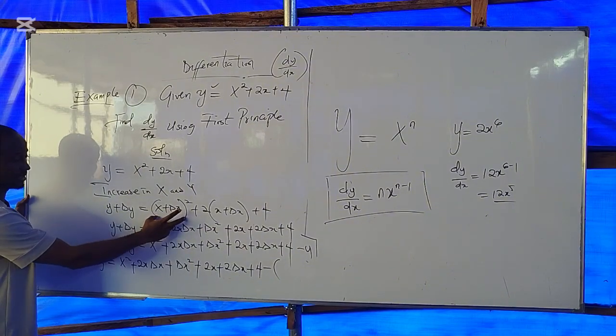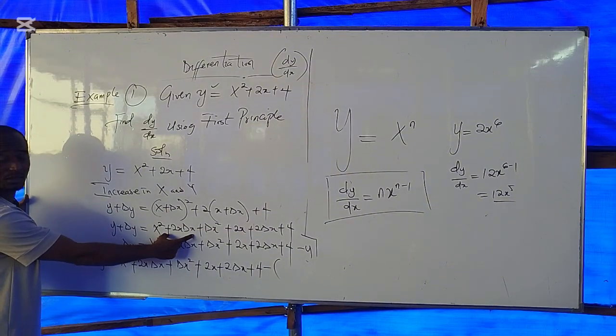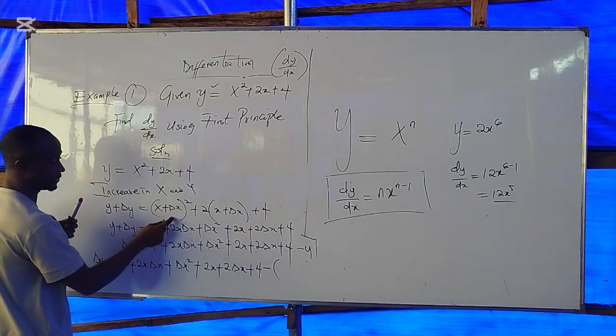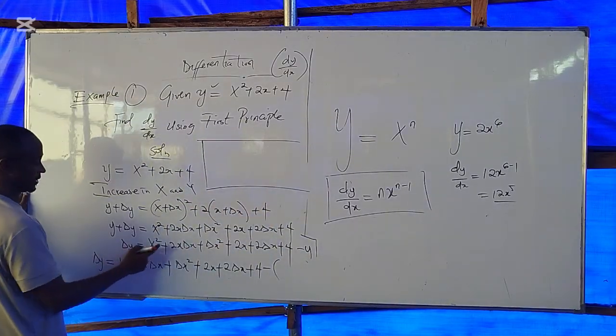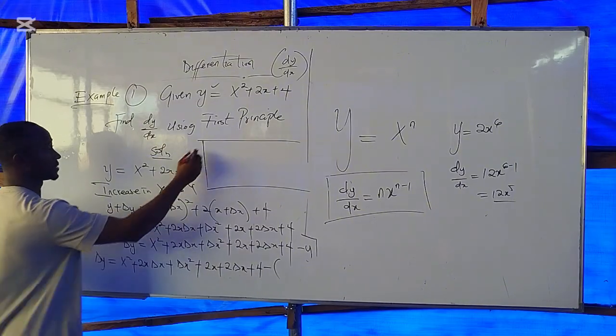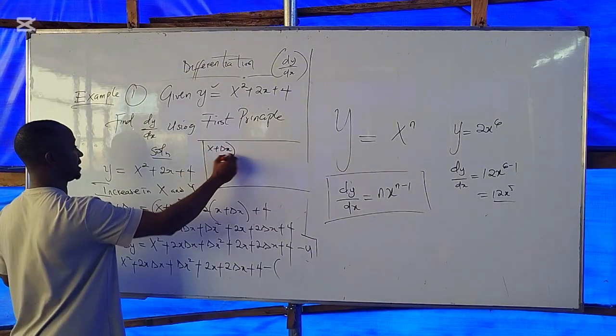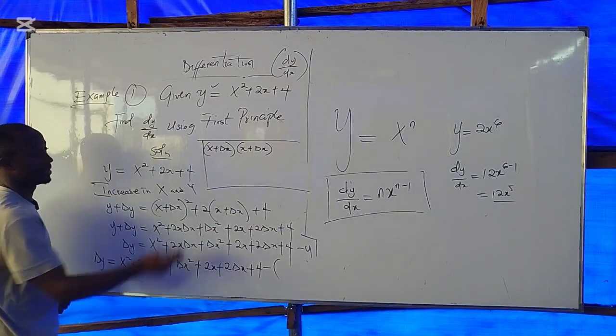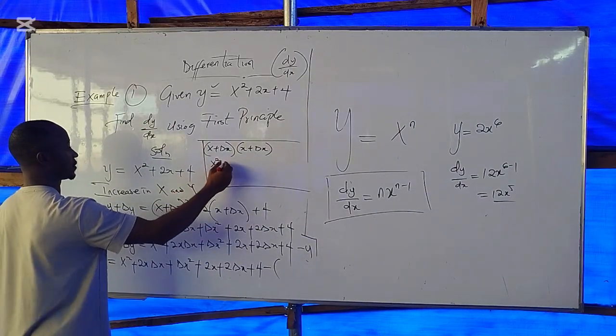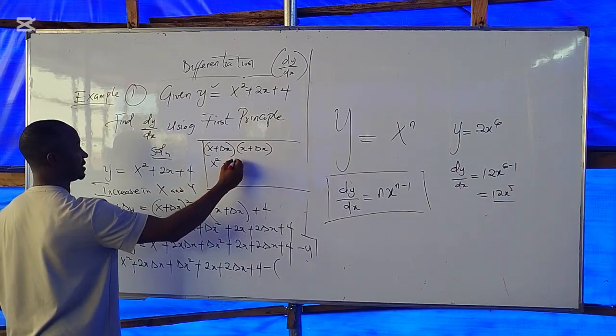This expression is this. We expanded this. Let me show you. If I expand x plus delta x squared, it means x plus delta x in 2 places, right? x times x is x squared. x times delta x is x delta x.